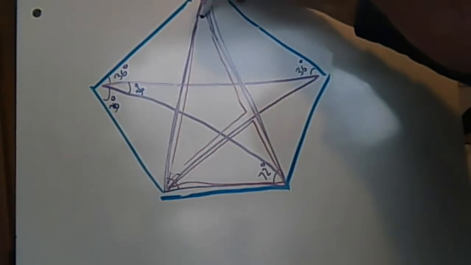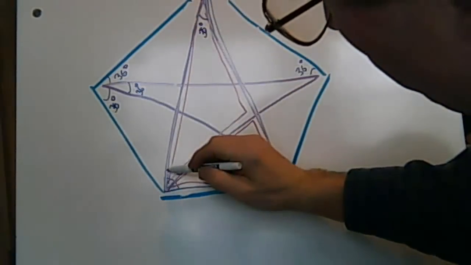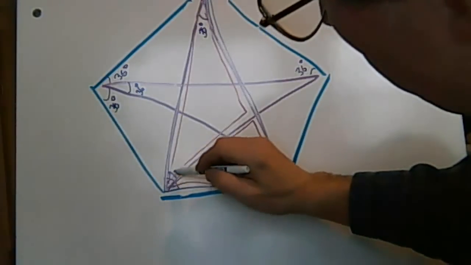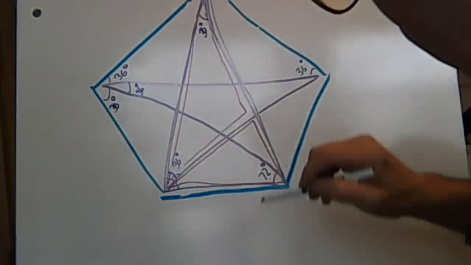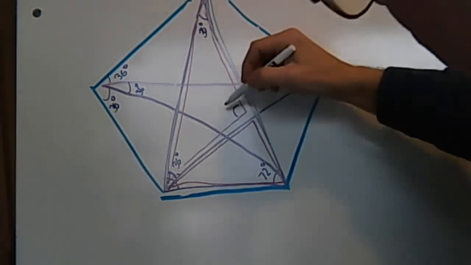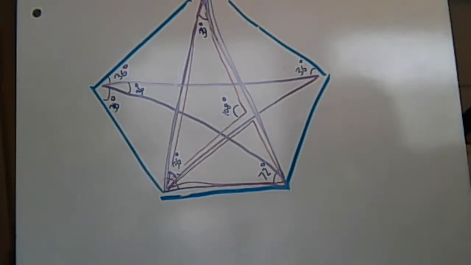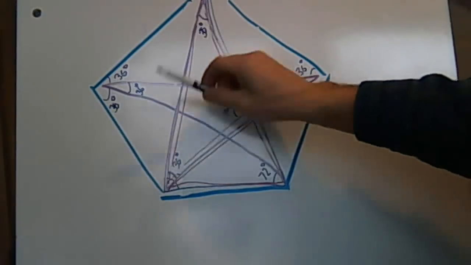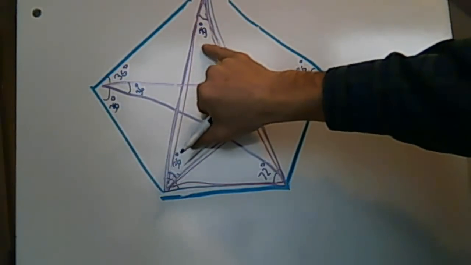But this angle is 36 degrees, like we talked about to start off. And this angle down here on this triangle is also 36 degrees. That makes this angle the very same 108 degrees that you have on each of the corners of the pentagon. And this is an isosceles triangle, because these two angles are the same.